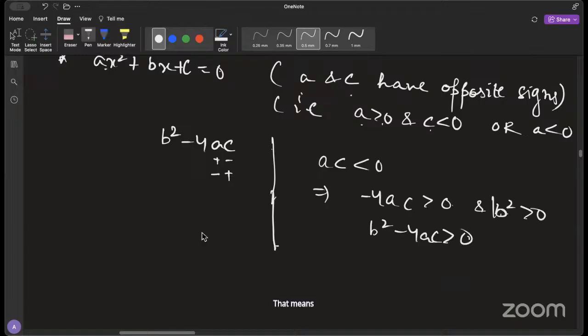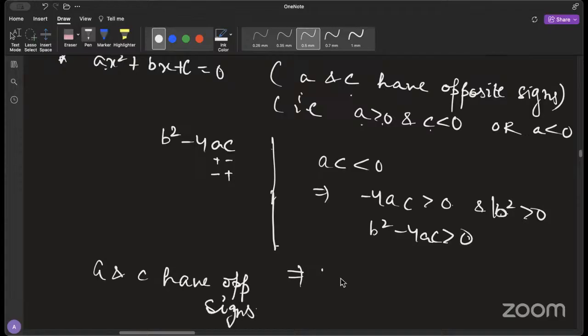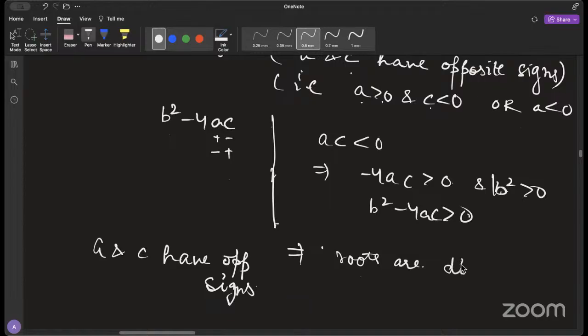That means if A and C have opposite signs, roots are distinct, or at least they are real.